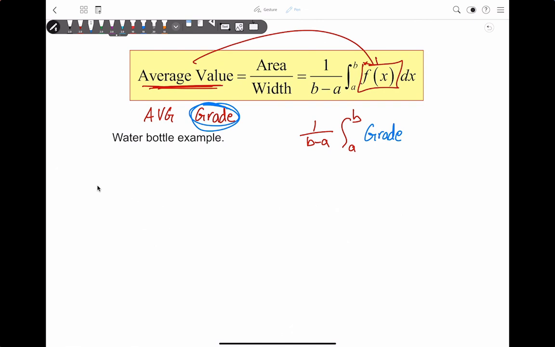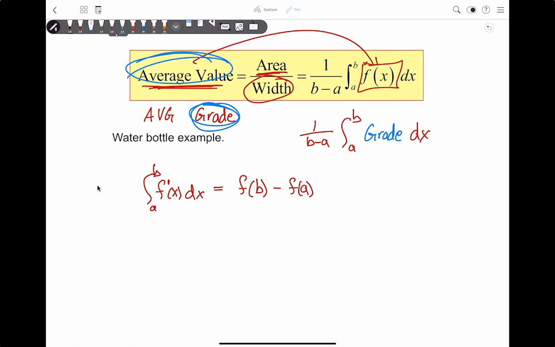You're looking at the area over the width. Let me give you an example. First of all, correlated with the first fundamental theorem, we know that displacement, the integral from a to b of the velocity function, is the same as f of b minus f of a. If I told you to take the average, you're going to divide the area, all of this, by the width.